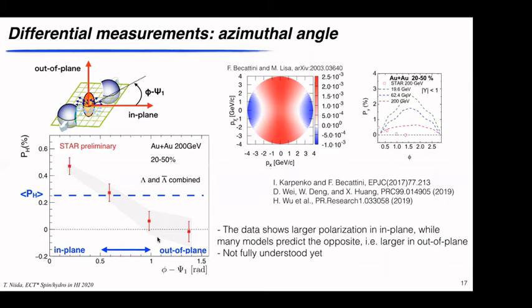We reproduce the trend correctly if we use the temperature vorticity, then we can get the right trend, but not the magnitude. Our magnitude is smaller than the data. That's one of my comments. Thank you. Okay, thank you.